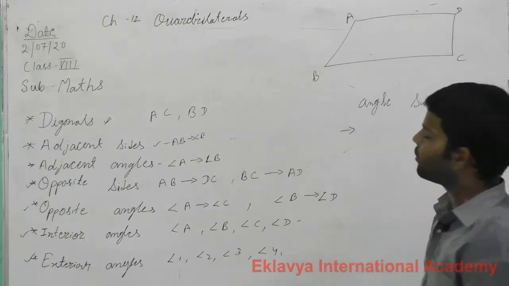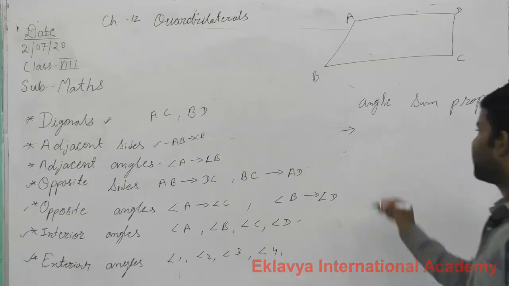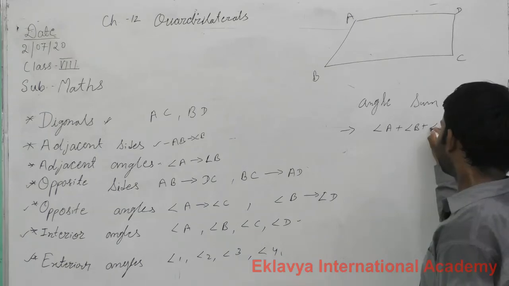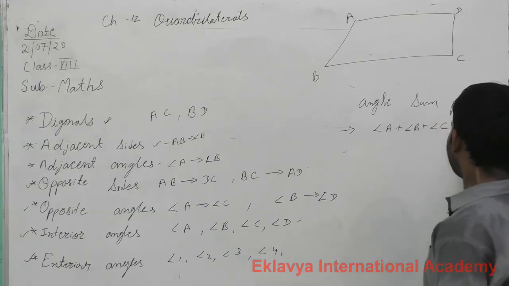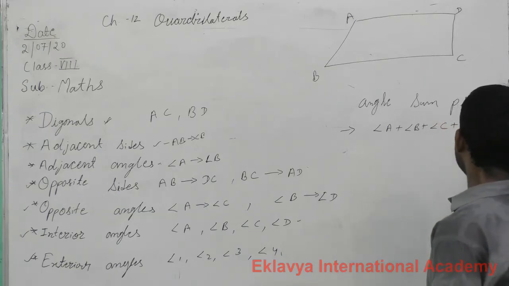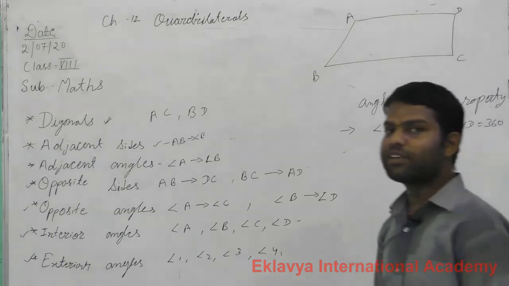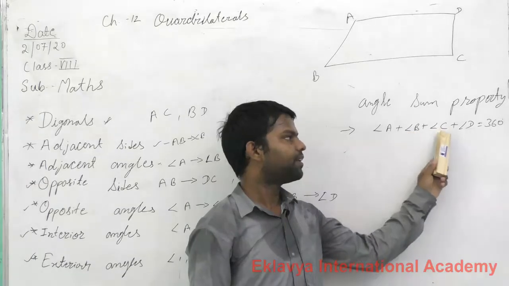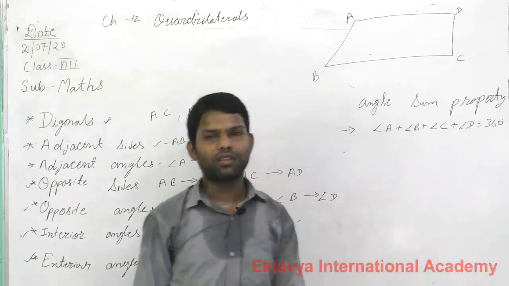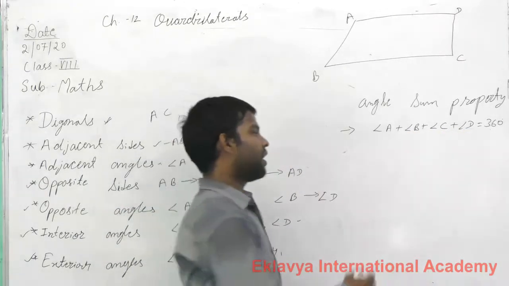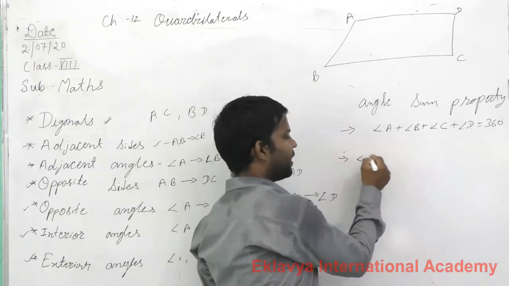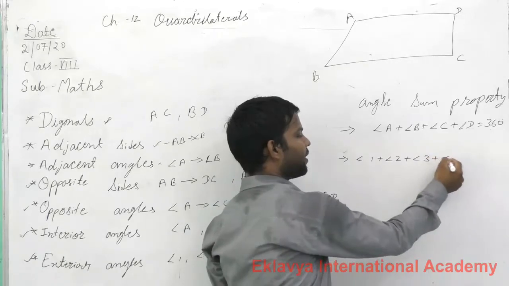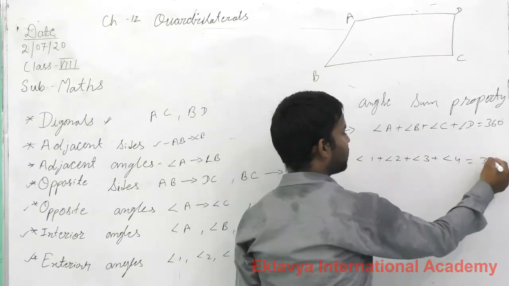So angle sum property of this quadrilateral is, first one is angle A plus angle B plus angle C plus angle D is equal to 360 degrees. It means we say here sum of all interior angles A plus B plus C plus D is equal to 360 degrees. And also we say angle 1 plus angle 2 plus angle 3 plus angle 4 is equal to 360 degrees.